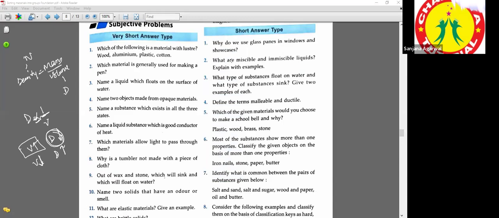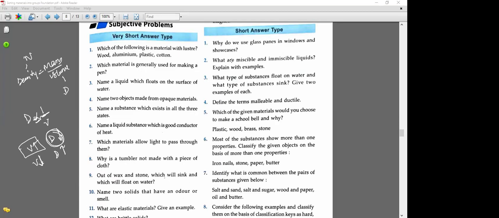Define the terms malleable and ductile. Ma'am, malleable substances are substances that can be made into thin sheets, and examples are copper.